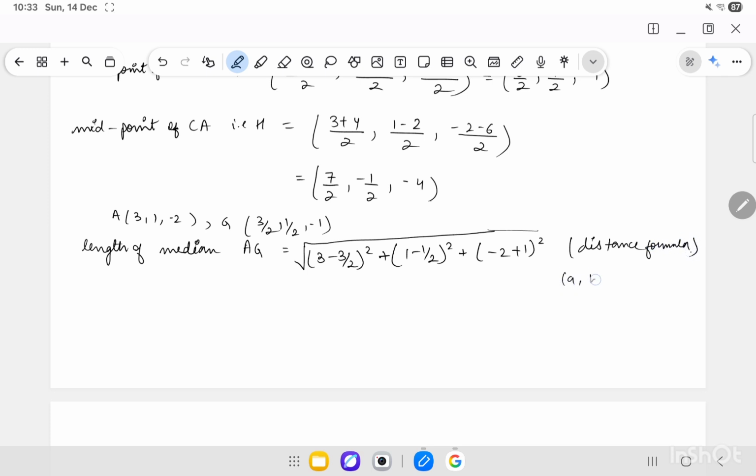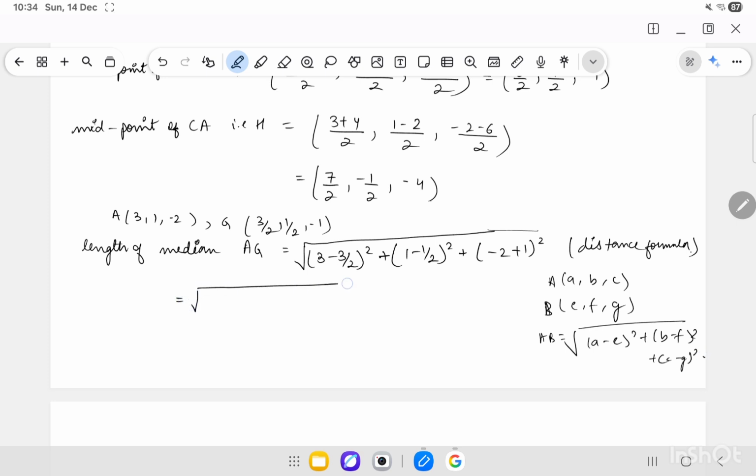That says that if (A, B, C) and (E, F, G) are two points, let's say, in R cube, then the length AB will be equal to the square root of (A minus E) square plus (B minus F) square plus (C minus G) square. Using that formula, I calculated length AG, that will be equal to the square root of (3 minus 3 by 2, that is 3 by 2) square plus (1 minus 1 by 2, that is 1 by 2) square plus (1 minus 1) square.